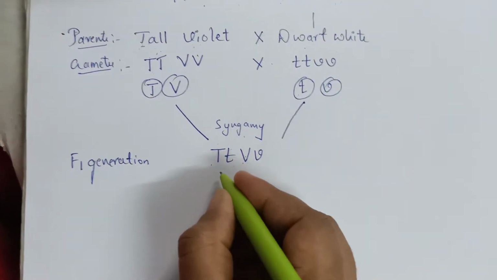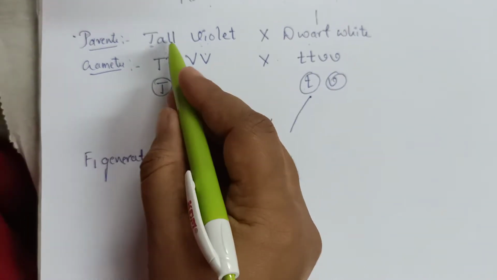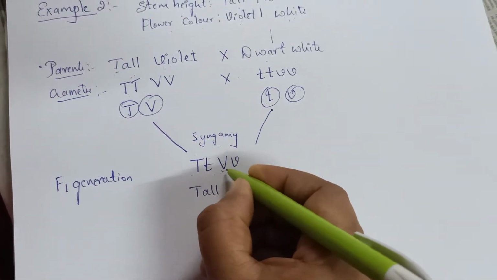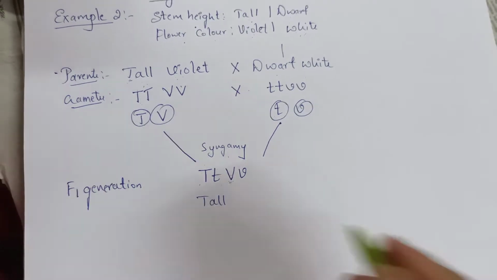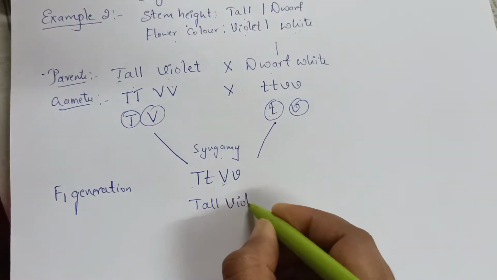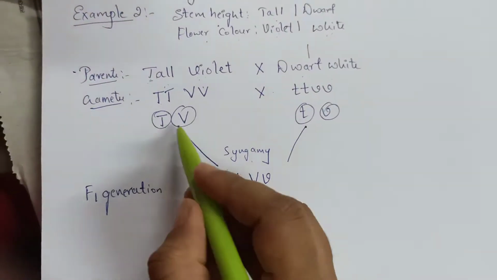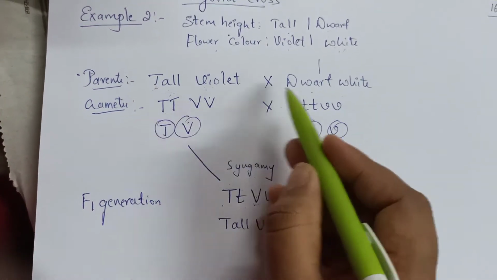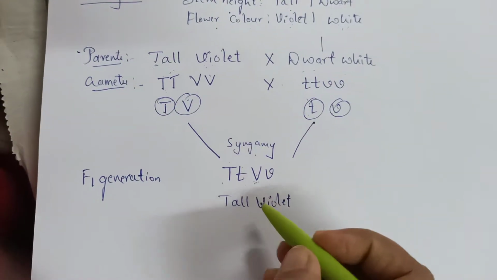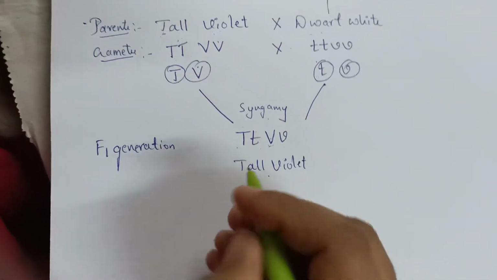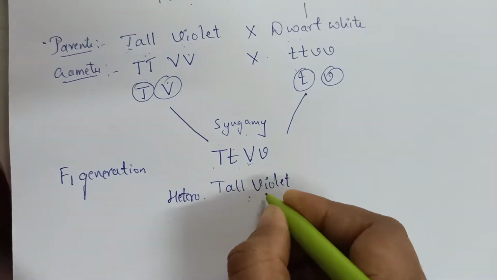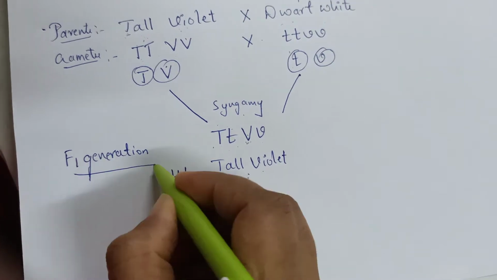As this consists of one capital letter, it will be tall. Due to the presence of capital V, this will be violet. But the difference is, this is homozygous tall violet, this is homozygous dwarf white. In the F1 generation, we'll get heterozygous condition. This will be heterozygous tall violet.